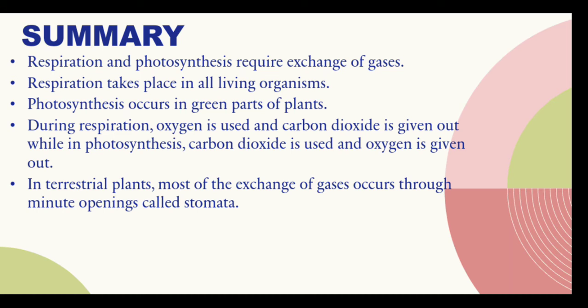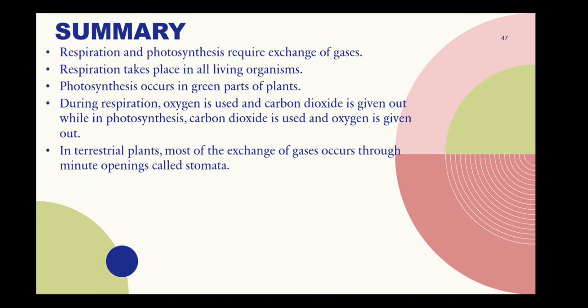During respiration, oxygen is used and carbon dioxide is given out, while in photosynthesis, carbon dioxide is used and oxygen is given out. In terrestrial plants, that is plants that grow on land, most of the exchange of gases occurs through minute openings called stomata.